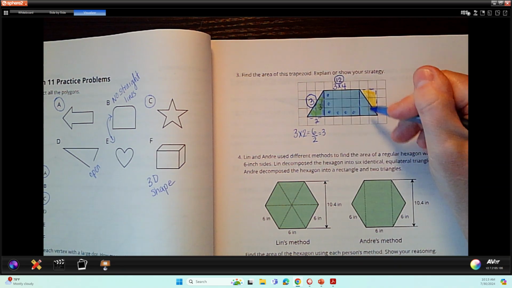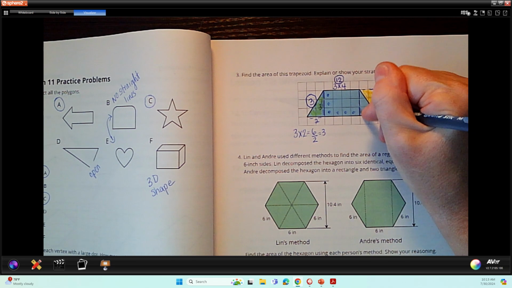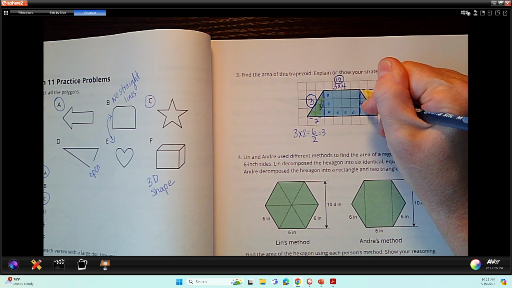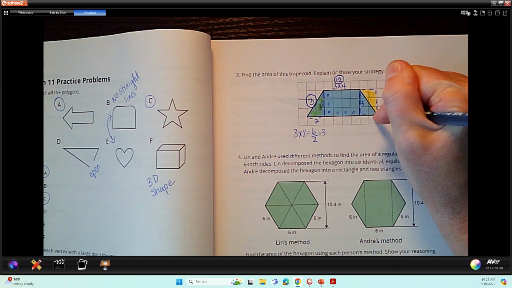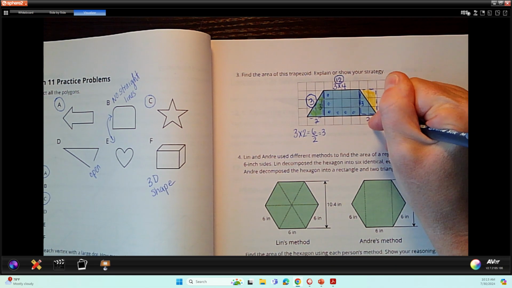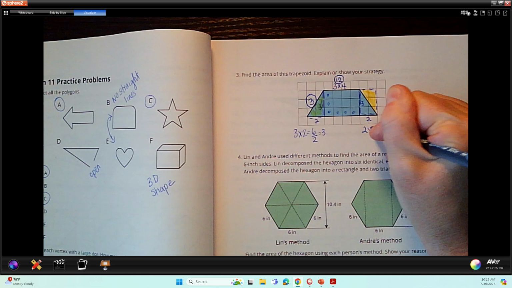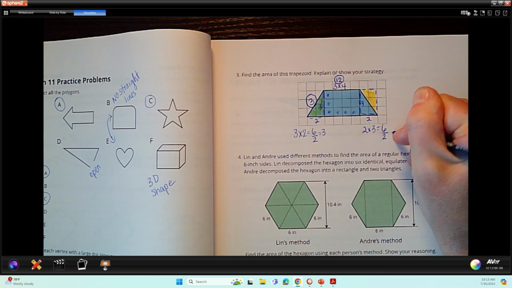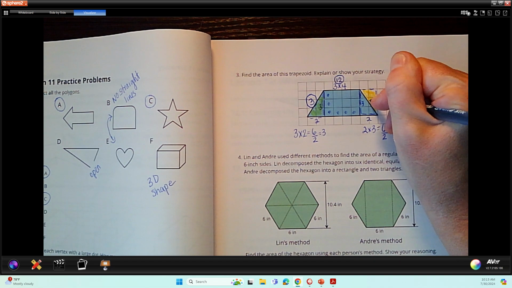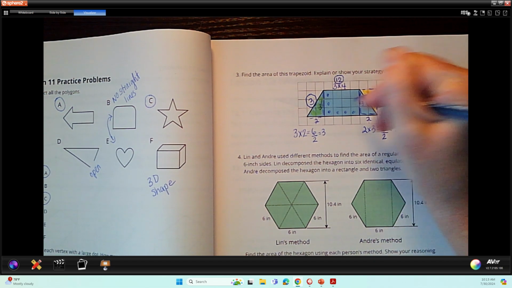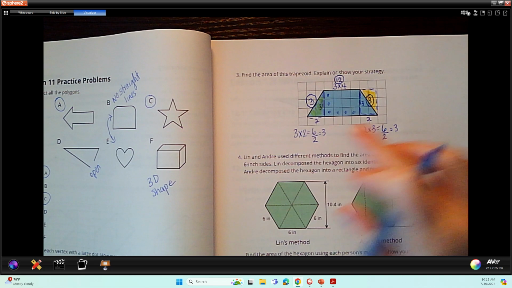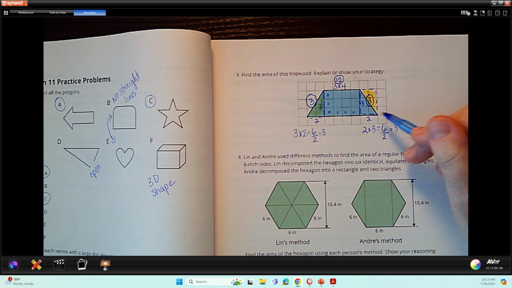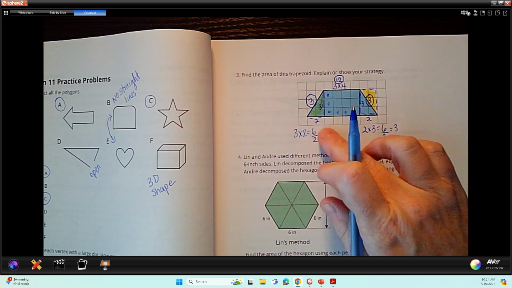And then watch, I'm going to do the same thing over here. 1, 2, 3. Height is 3. Base is 2. Again, 2 times 3, or 3 times 2, is 6. Divided by 2, because it's a triangle, is 3. So you can see that both of these triangles are congruent. They are the same. So I could have just done 3 times 2 and said 6 because 3 plus 3 is 6.